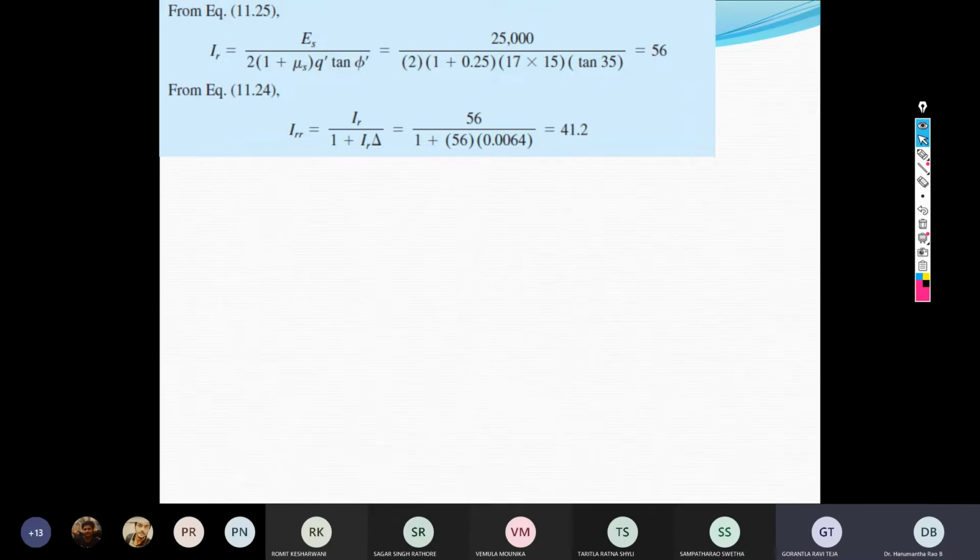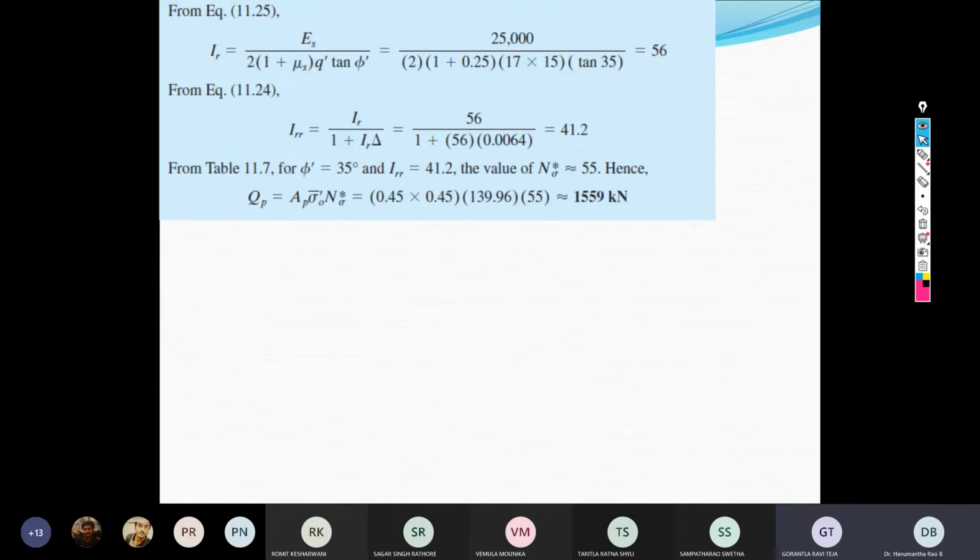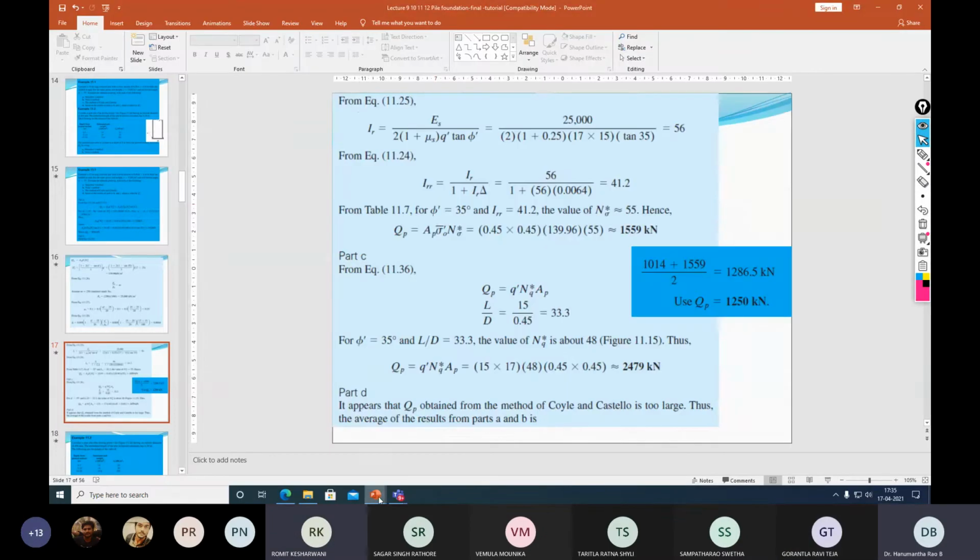Sir, for phi equal to 35, we don't have any table like that, sir. This method is not important, no, sir? No, this method is not important. In the handout also we don't have that for phi equal to 35. We have only for phi equal to 0 degrees. But that is for the clay. And sir, we have Nc. For Nc we have, sir. For N sigma we don't have anything.